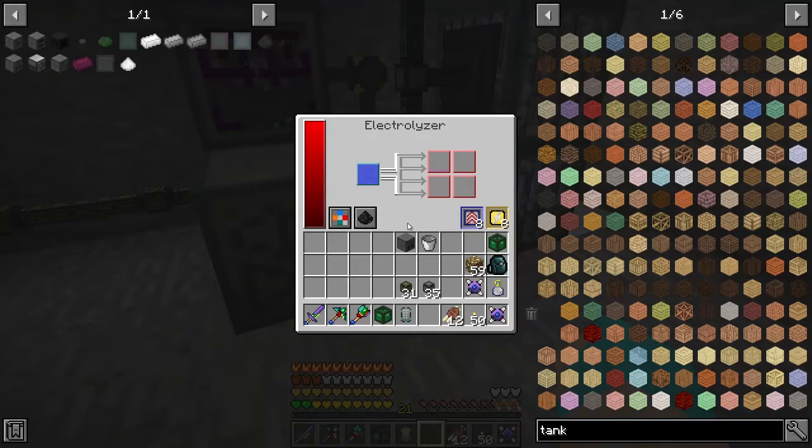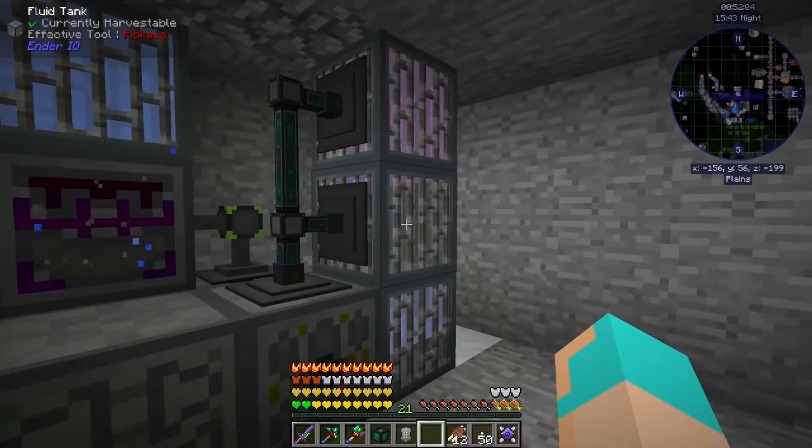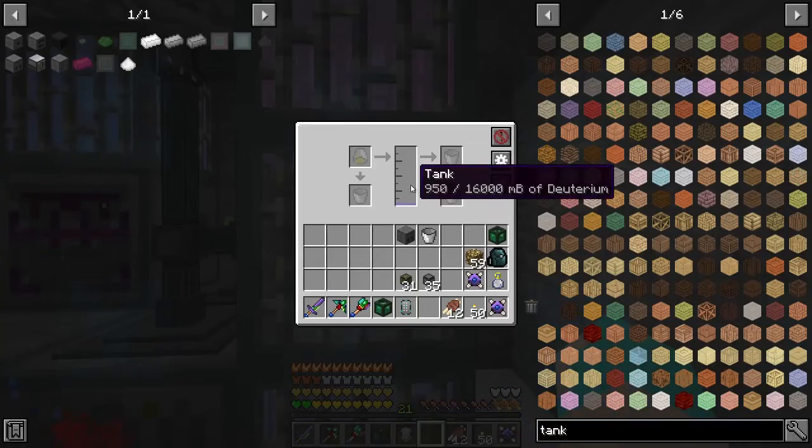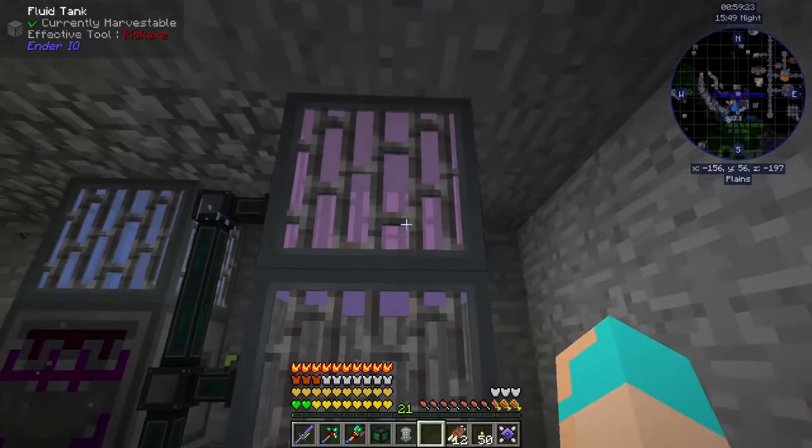But this is working much faster now, pushing hydrogen, oxygen, and deuterium, right? Yeah, deuterium out. But hydrogen's the one that we get the most of.